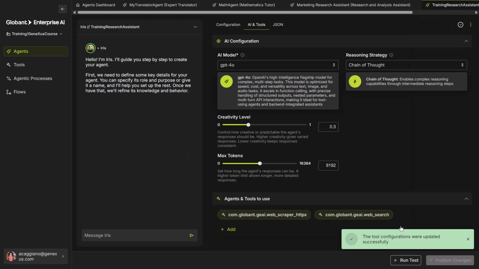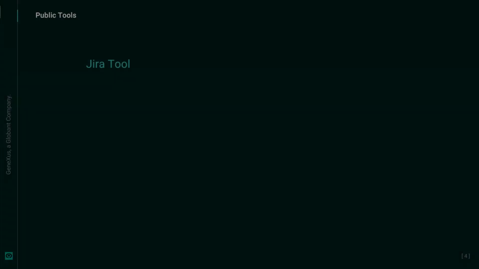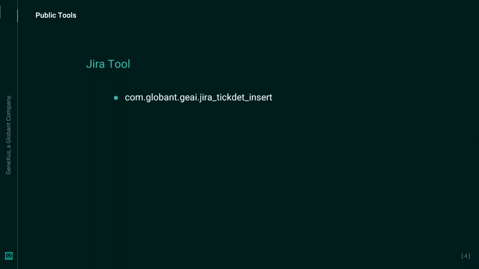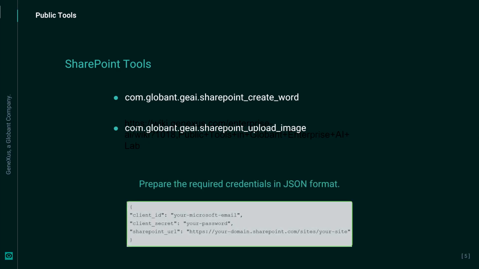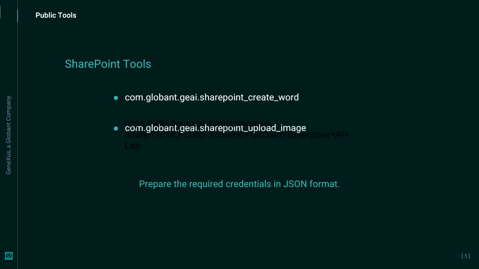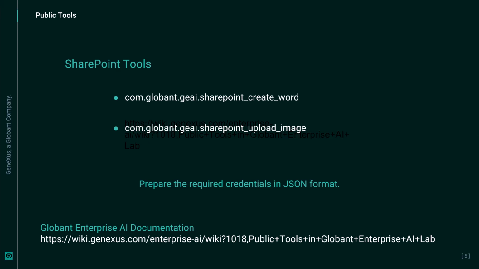Good. Other public tools that require configuration are Jira and SharePoint tools. The Jira tool allows us to create Jira tickets. And the SharePoint ones allow us to create Word documents and upload images to SharePoint. We suggest accessing the Globant Enterprise AI documentation to follow the steps and generate the necessary credentials in each case.